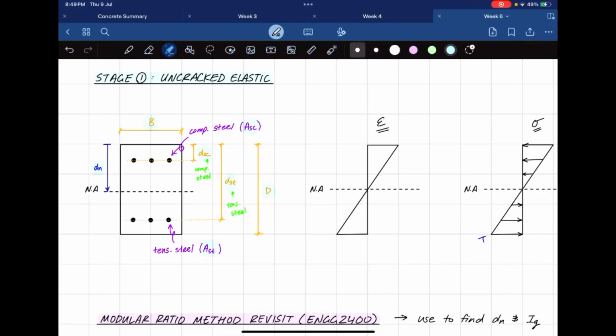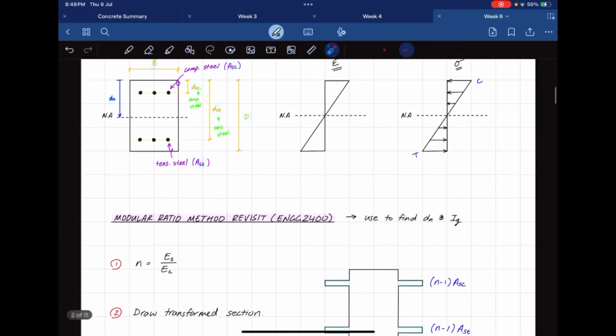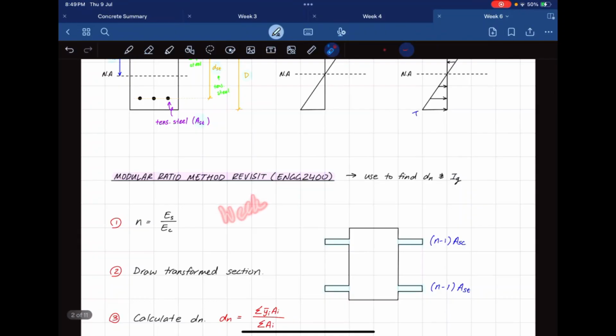Okay, now a quick touch up on the modular ratio method. I think some people who did Eng 2400 during mech school don't know what this is, but if you did it with the civil school, surely you know what this is. It was covered in week 5, elastic and inelastic beams. I'll go through what the modular ratio method is really quickly, because it's really relevant to what we're doing in this course.